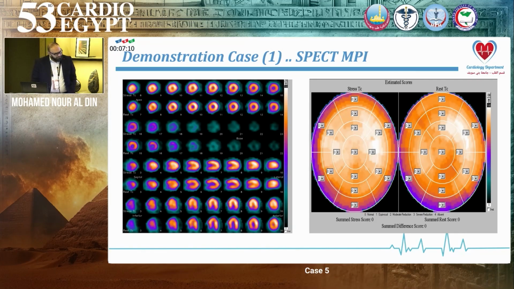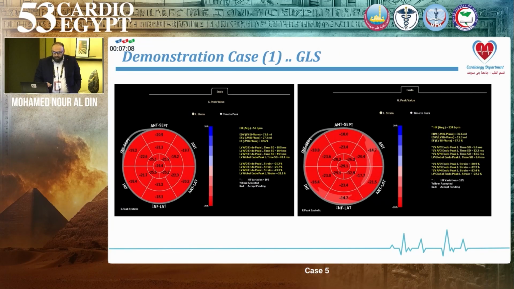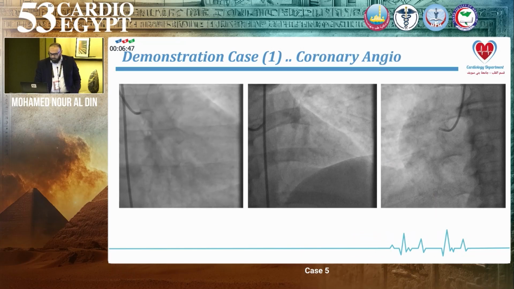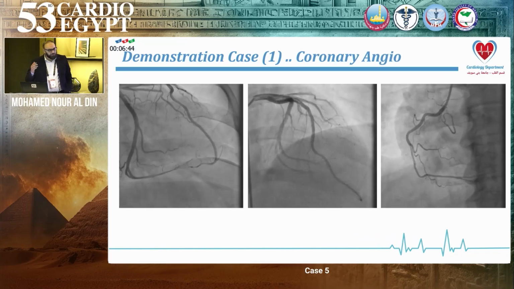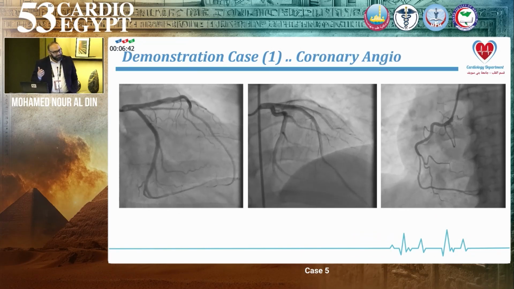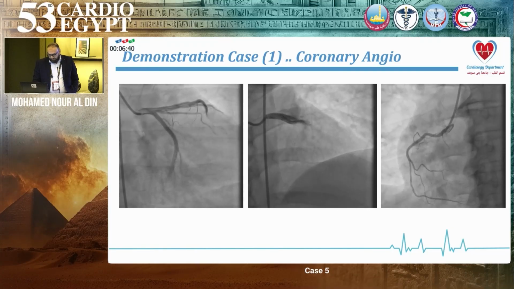Perfusion here was normal, and the global longitudinal strain at rest was -22, and at peak stress was -22.2, which is usually normal. So we have a normal global longitudinal strain both at rest and at peak stress. The coronary angiography confirms that the patient is actually free of coronary heart disease.